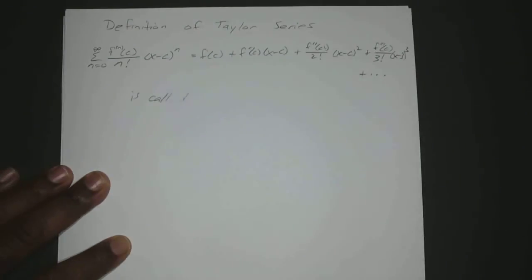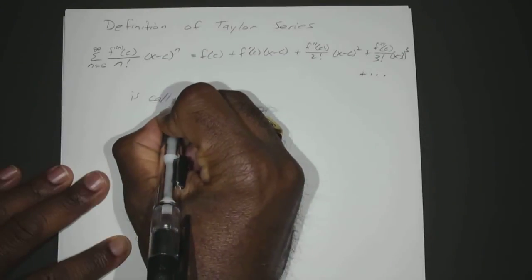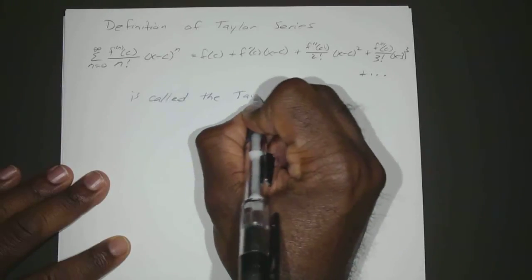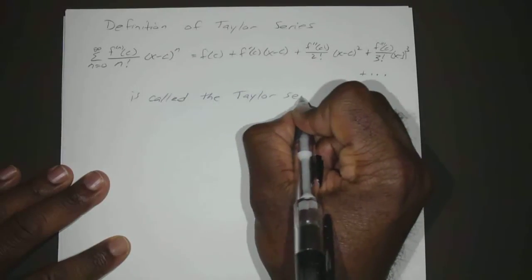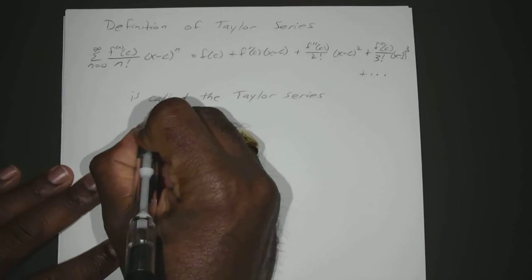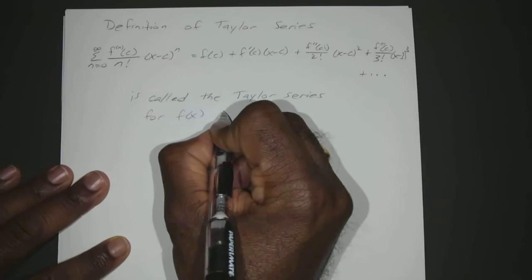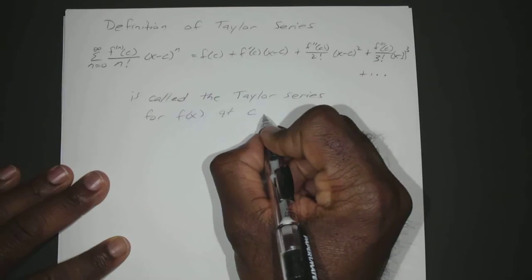So this is called your Taylor series, for f of x at c.